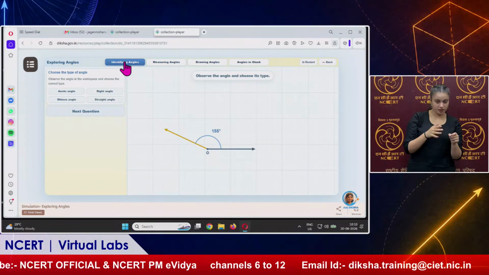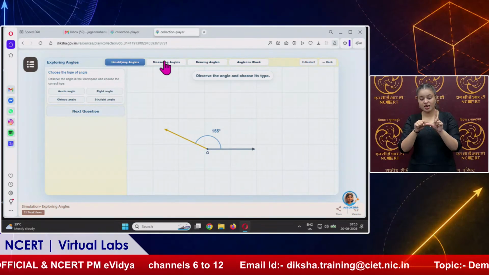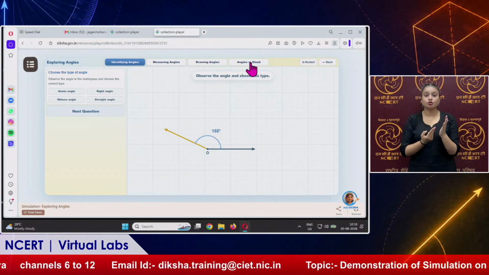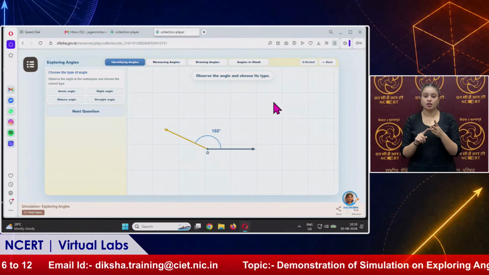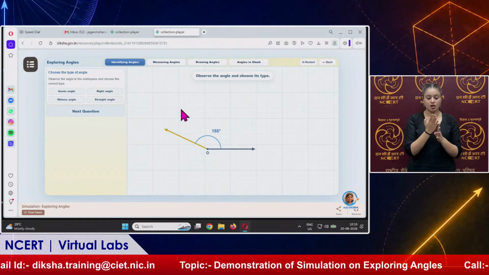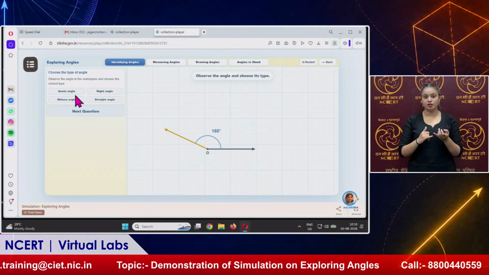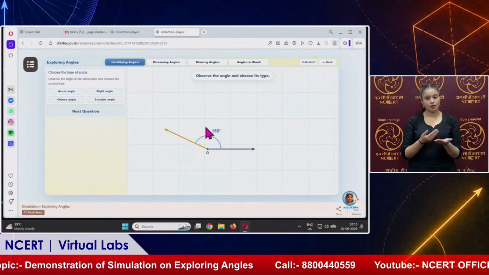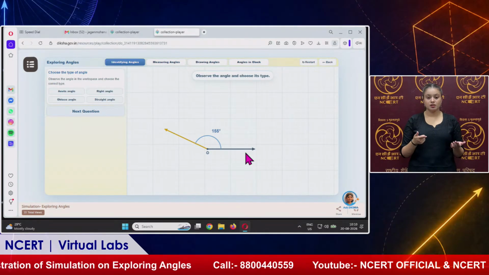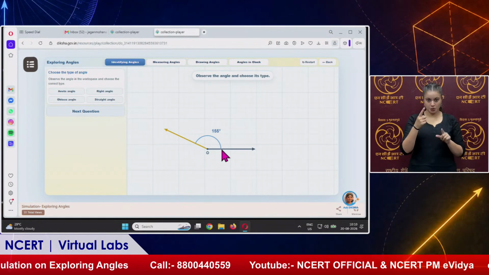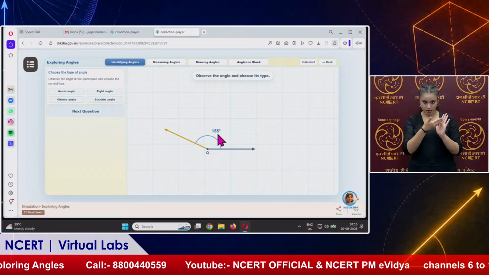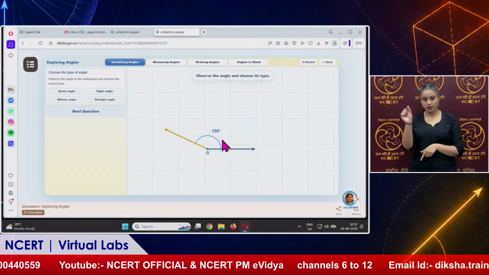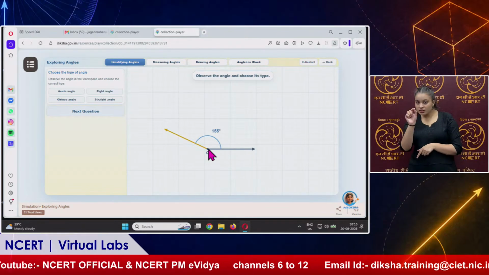Identify the angle is one type of activity, measuring angle is another activity, drawing angles is another, and angles in clock. So there are 4 types of simulation parts here. Here the first one, as we know in this workspace, one angle has already been mentioned. The angle we could see here is 155 degrees. So this 155 degrees, what type of angle?